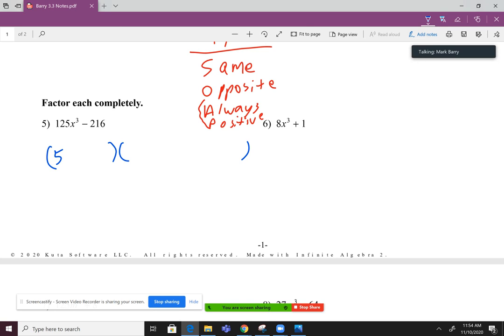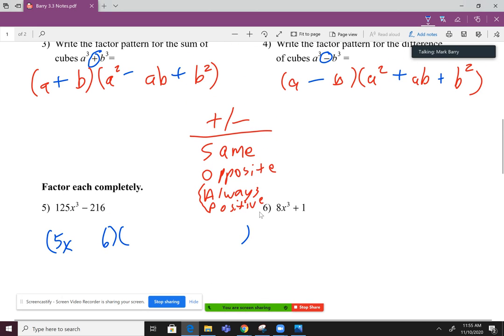Since it was 5 cubed, I take away the cube, and now it's just 5. Now x cubed, I take away the cube, it's just x. And then 216, if I take away the cube, is 6. So I'm going to put the 6 out back there, okay? All right, so that's my first parentheses. I've built that.